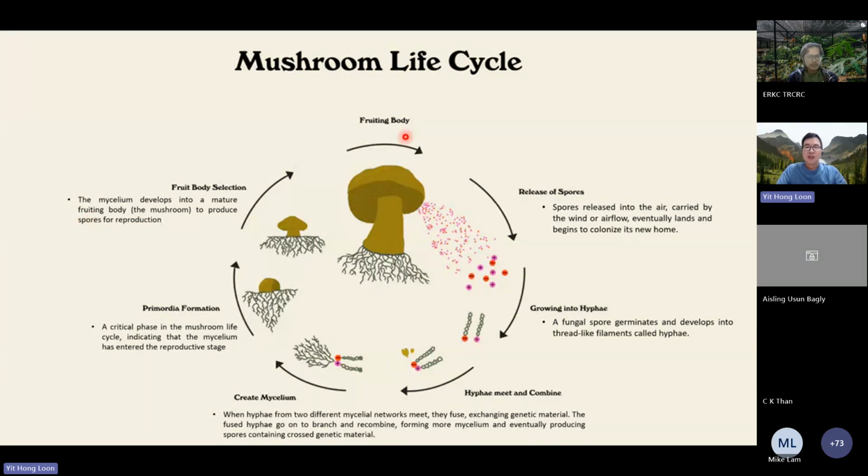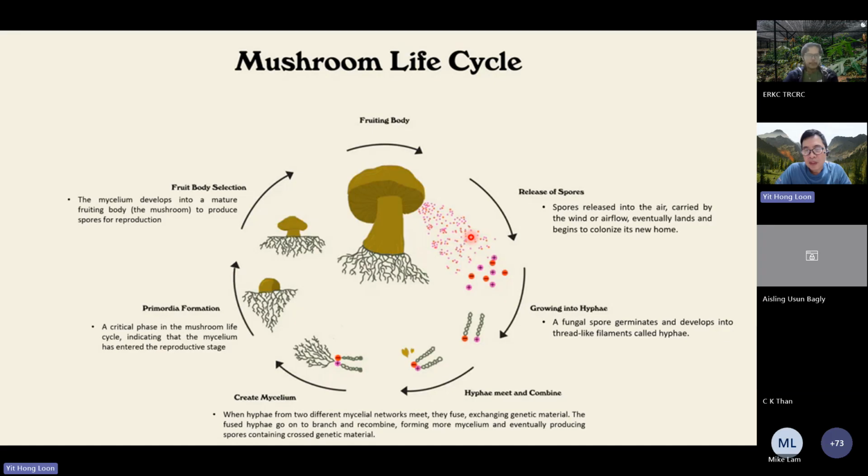Okay. So like I explained, a mushroom is actually a fruiting body. At the base of the mushroom is the mycelia. Mycelia is the fungi. When the condition is optimum or suitable, it will grow the fruiting body, in this case a mushroom. The mushroom will spread the spores into the air.